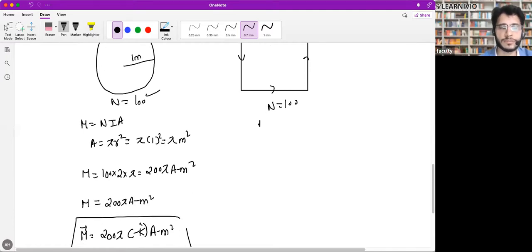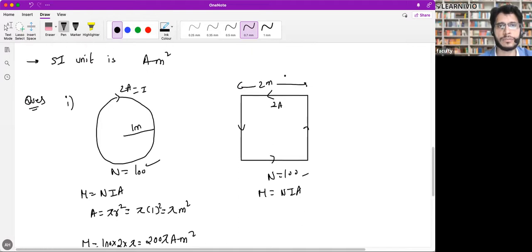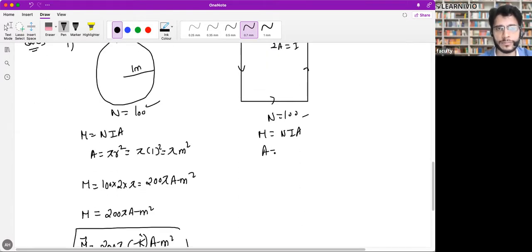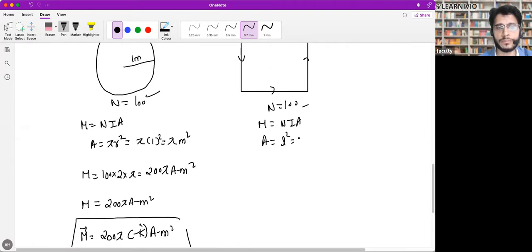For this case, again, the formula is NIA. We have N, we have I, but I need the area. It's a square, right? Area of the square is side square. Side is 2 meter, 2 squared is 4 meter square. Now let's substitute the values.